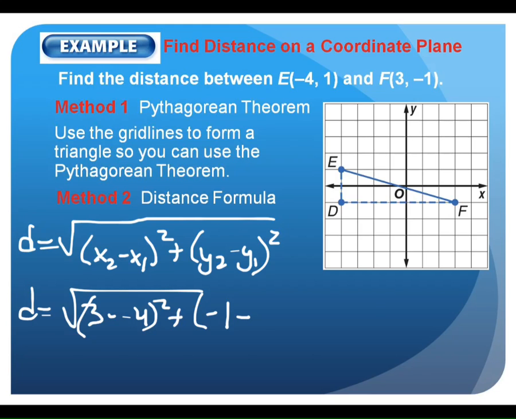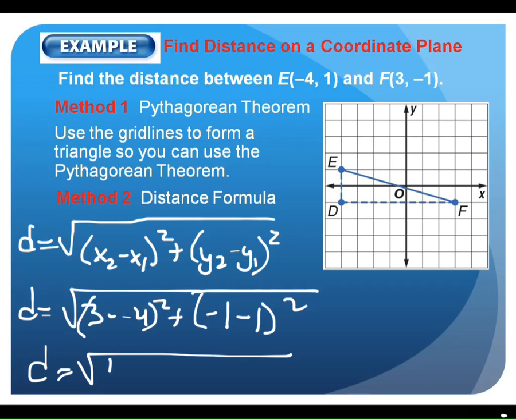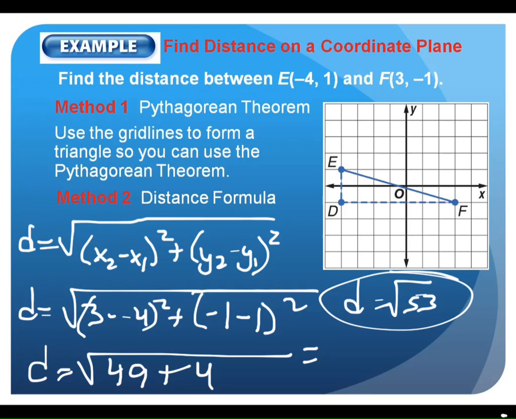Negative 1 minus 1. So the double negative here becomes a plus. That's a 7. 7 squared will be 49. Negative 1 minus 1 is negative 2. Negative 2 in parentheses squared is negative 2 times negative 2, which is positive 4. Add those together. I get the square root of 53, just like I had before.